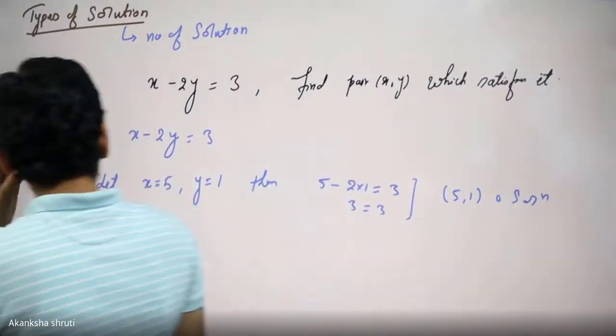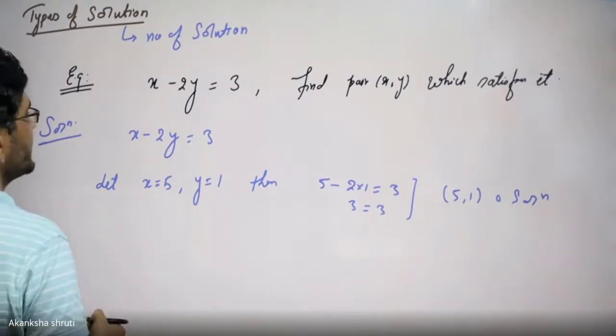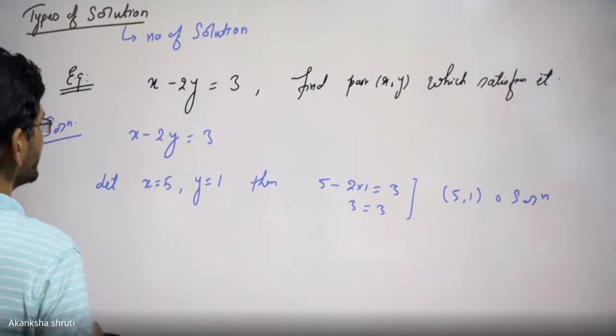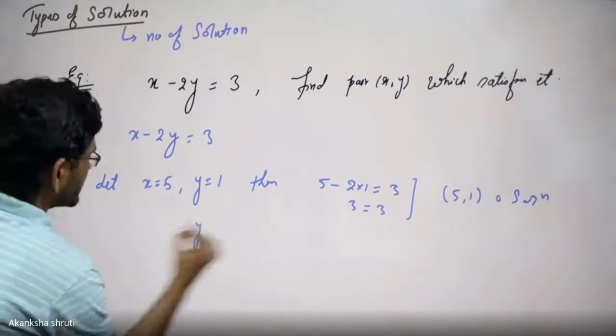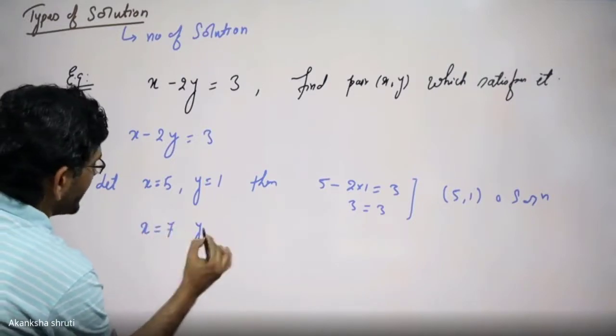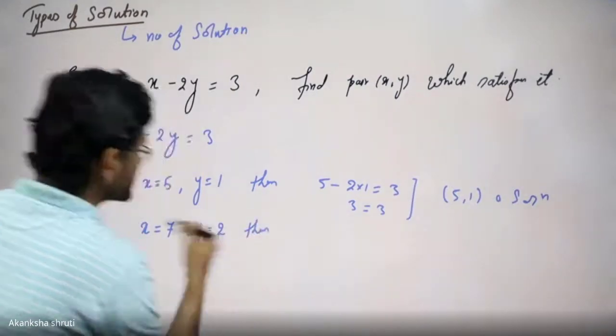Students, can there be any other pair which satisfies this? If I consider y as 2, let us consider x as 7 and y as 2. Then let us just check it.